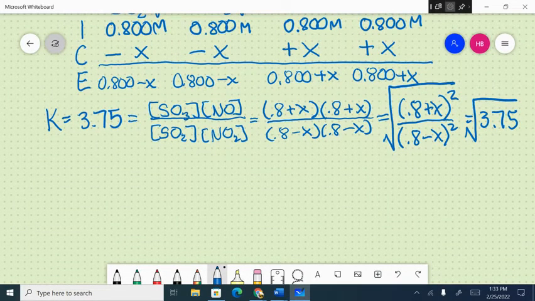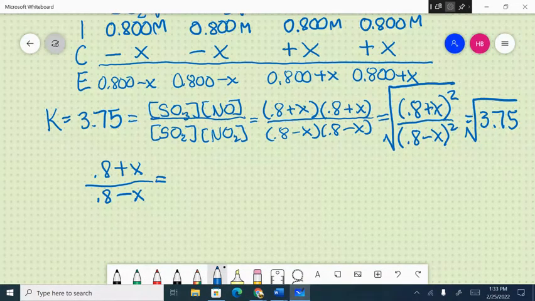When I take the square root of each side, my problem becomes much easier. It's 0.8 plus x over 0.8 minus x equals the square root of 3.75, or 1.936.